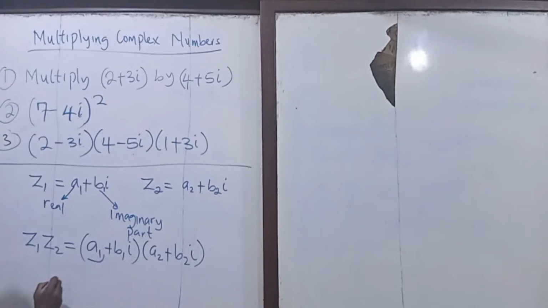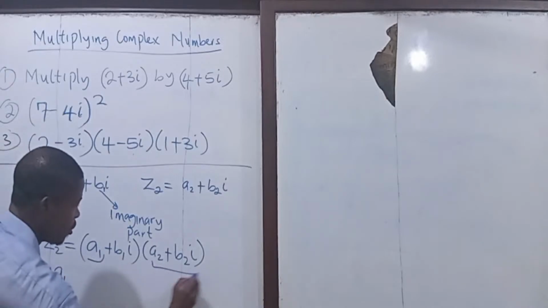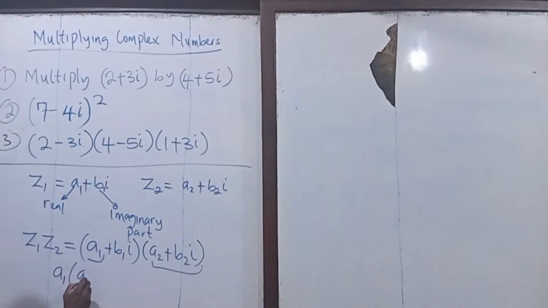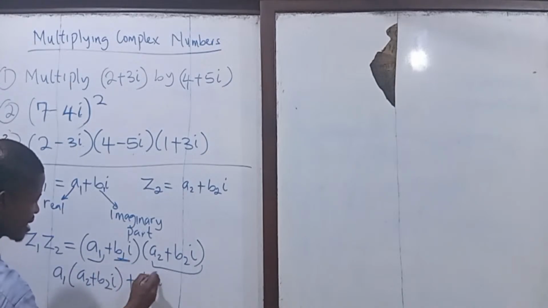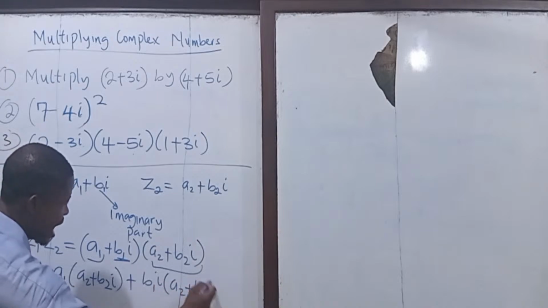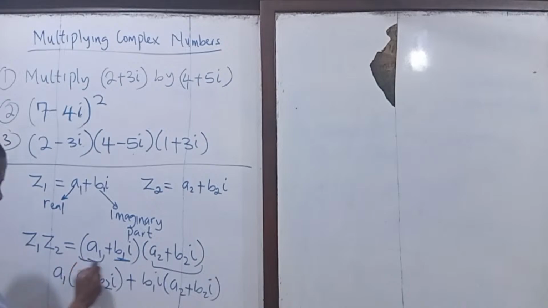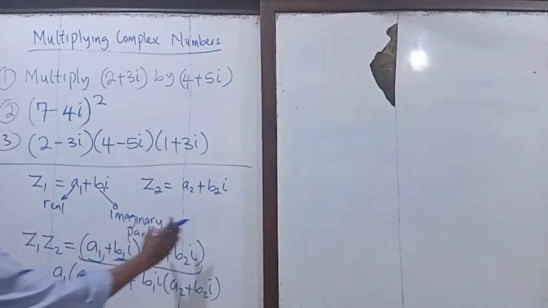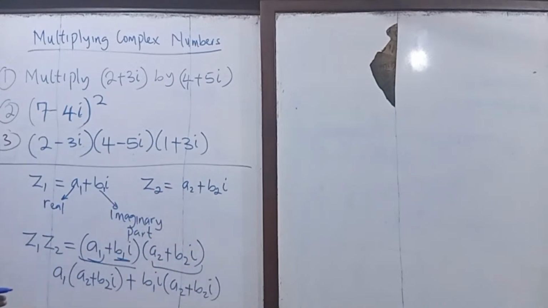Take this first one, a1, times the whole of these brackets, a2 plus b2i, and then plus the second one here, b1i times a2 plus b2i. I'm using this first bracket to do the expansion, and vice versa, you can use the second one also.